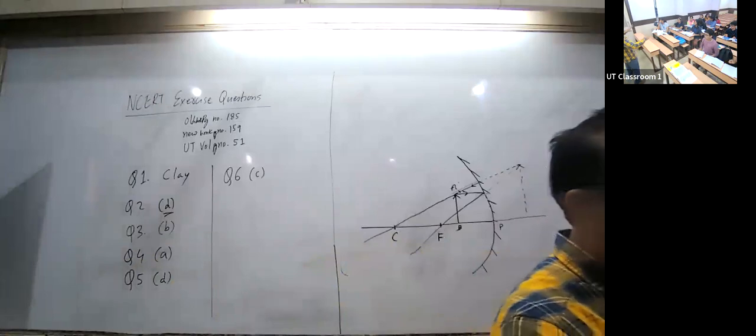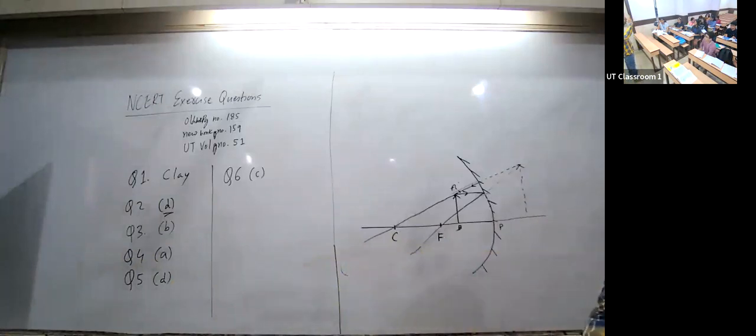So the first ray diagram we studied was for which type of mirror? First ray diagram, concave mirrors. There are 6 object positions. What are they? When we draw the ray diagrams, what are the 6 object positions?